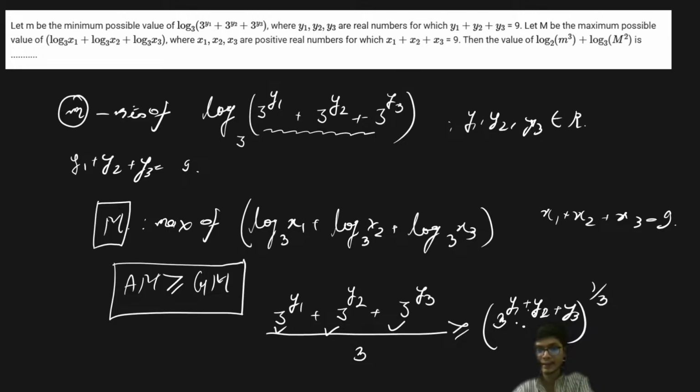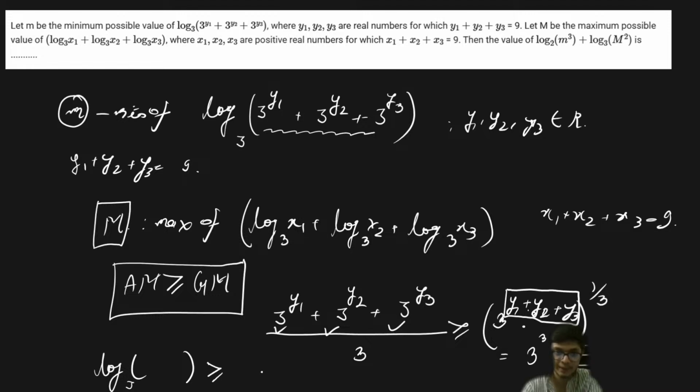Now interestingly, why did I take the geometric mean in this way? I know the value of y1 plus y2 plus y3, which is equal to 9, and therefore this part is going to be equal to 3 to the power 3, right? So from this part, if I take log of this number with respect to base 3, then it should be greater than, 1 plus, this value is going to be 3 to the power 4.